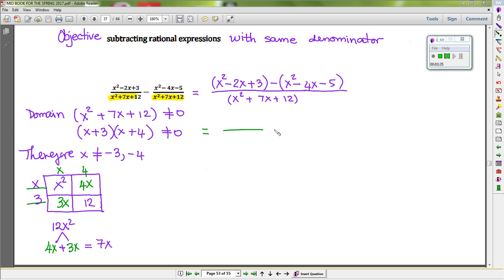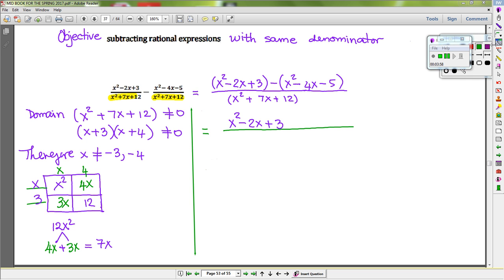The next step we're going to do is remove the parentheses. For our numerator, that will give us x squared minus 2x plus 3.